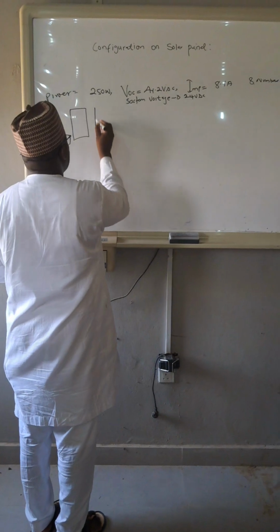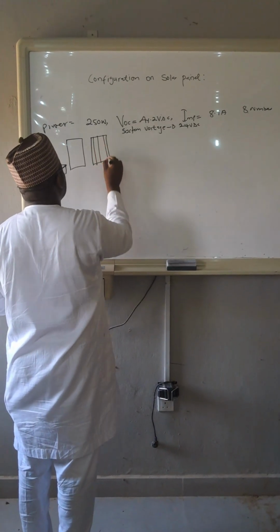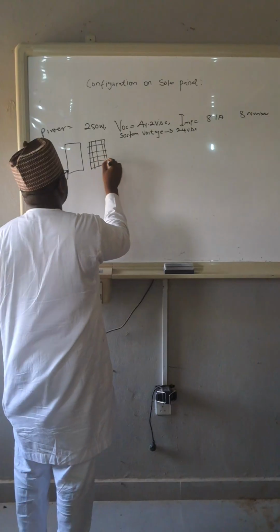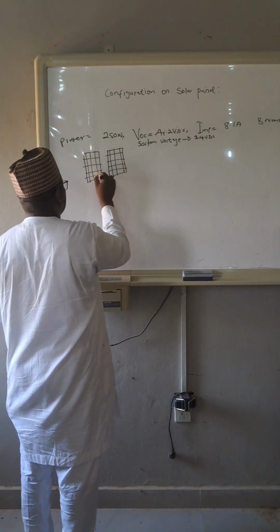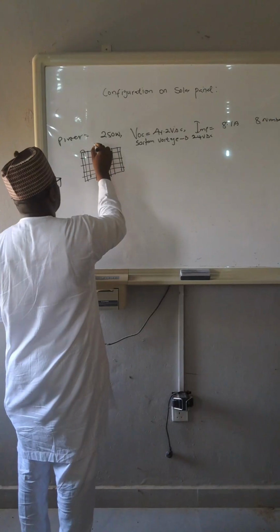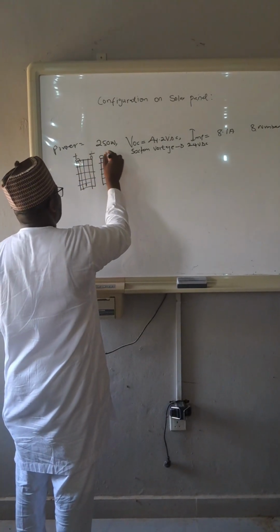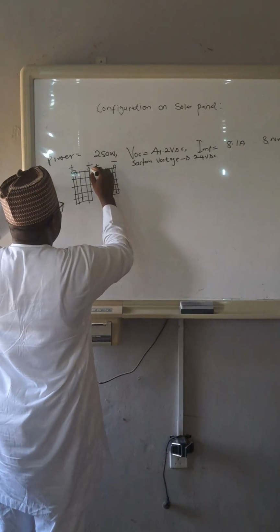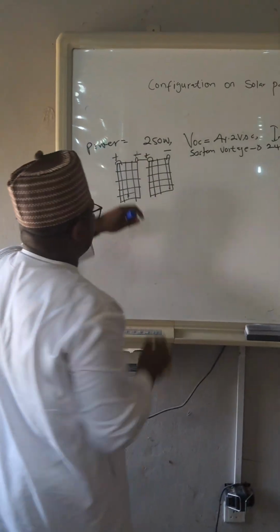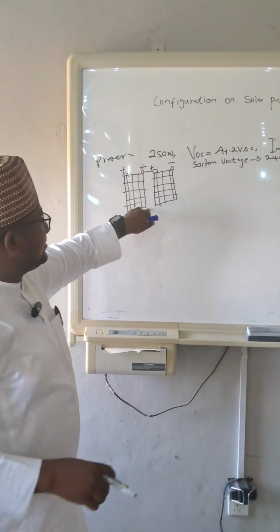So if we connect two like this, minus here and plus here, plus here and minus here, by linking this minus to this plus, we have achieved a series connection.